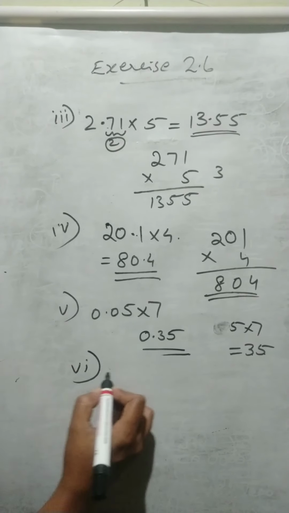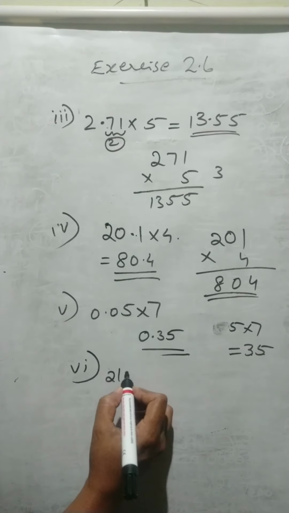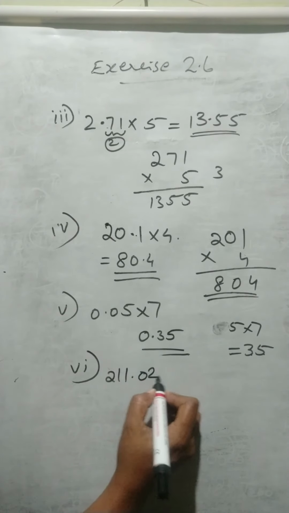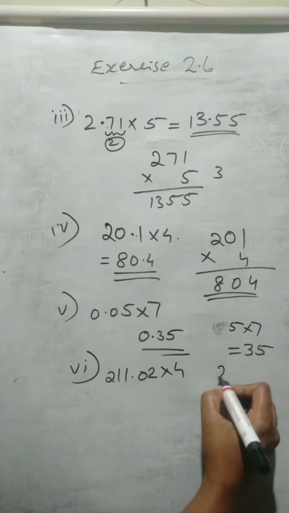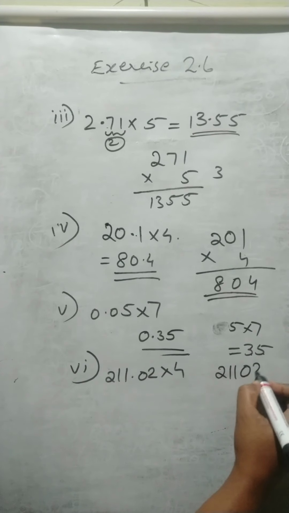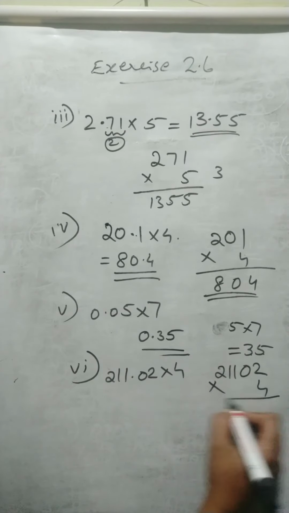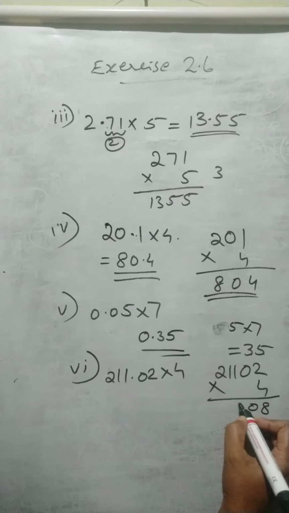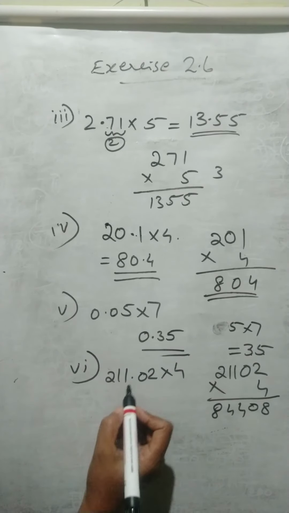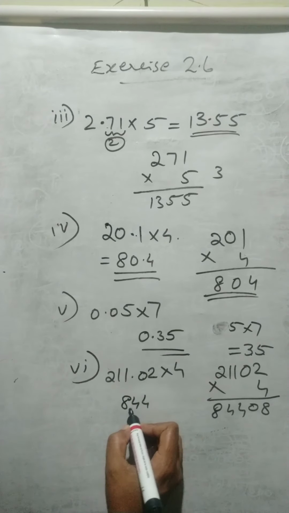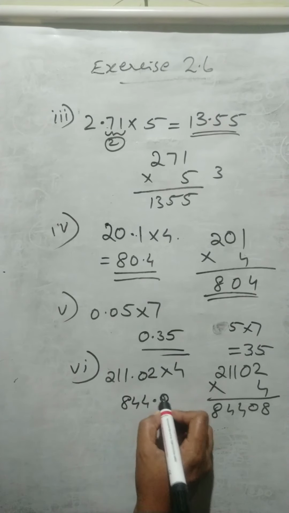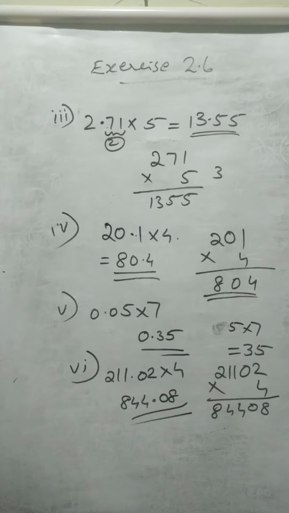Then the sixth question is 211.02 multiplied by 4. So we multiply 21102 by 4. That is 84408. Then 2 decimal digits are there. So the answer will be 844.08. Is it clear for you?